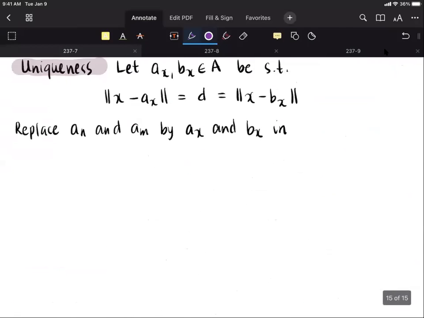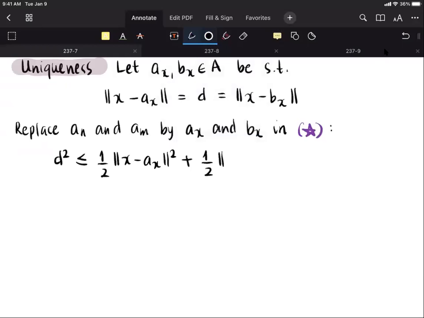So d squared is less than or equal to 1/2 the norm of x minus ax squared plus 1/2 the norm of x minus bx squared minus 1/4 the norm of bx minus ax squared.